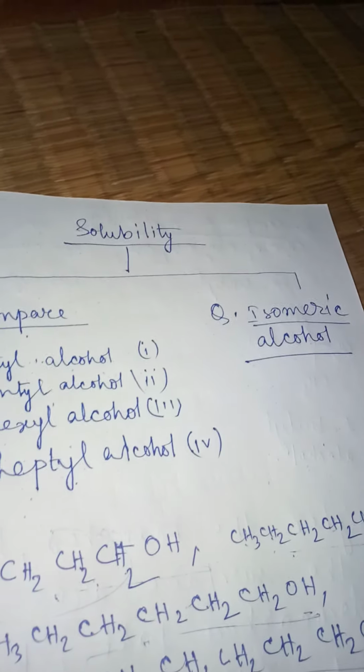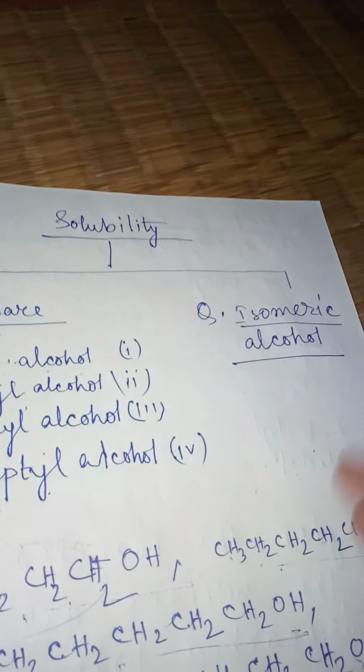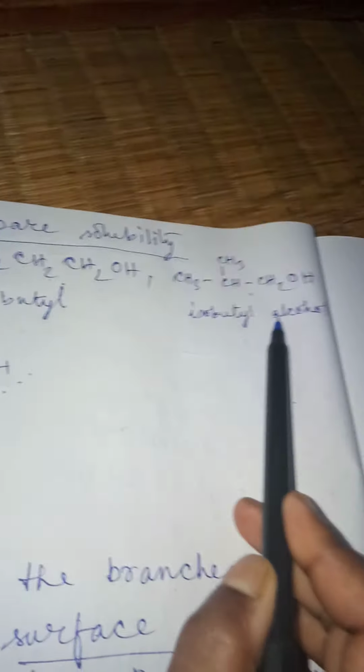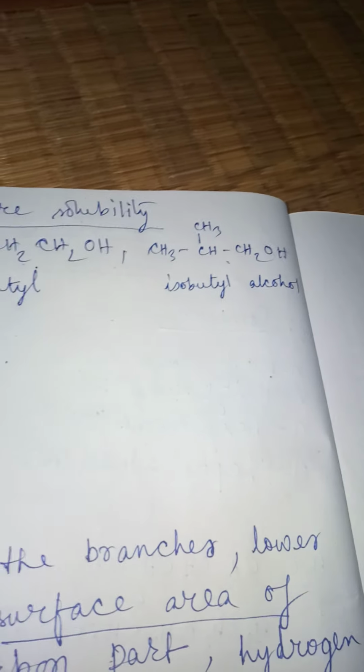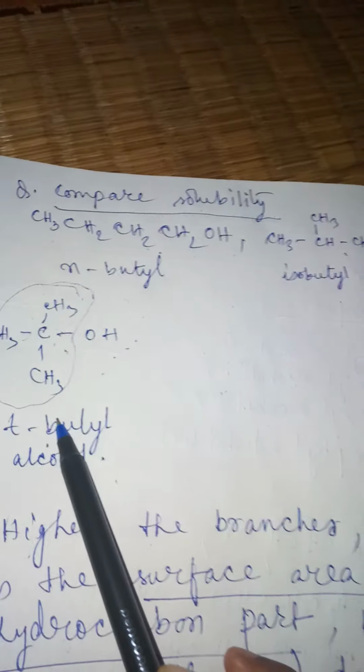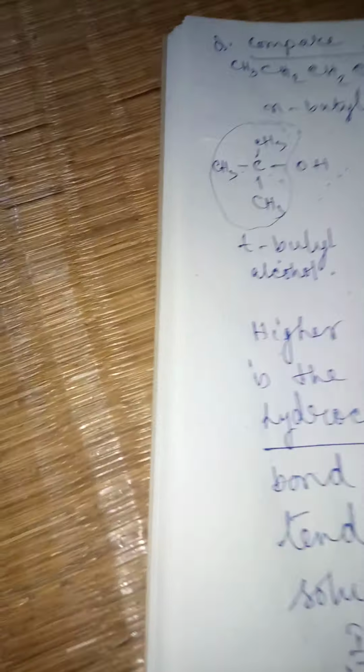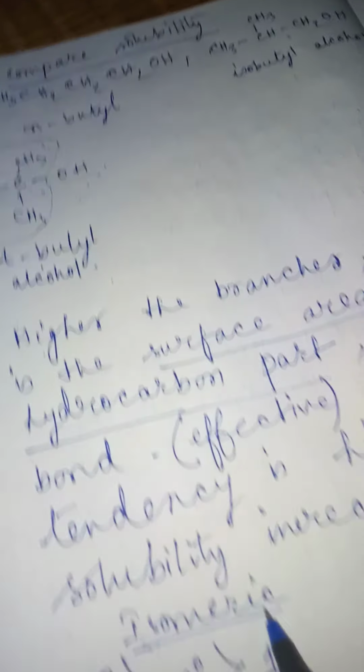Secondly, we have discussed isomeric alcohols, in which we discussed these three compounds. Any set of compounds can be given to you where the only condition is that they should be isomeric.